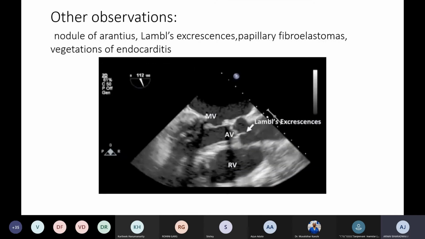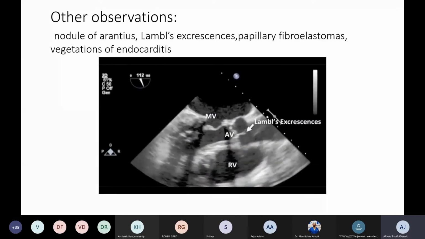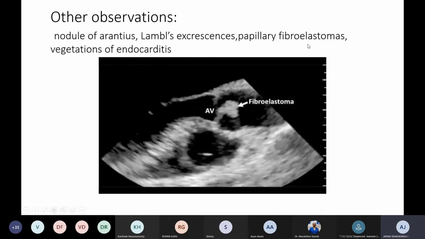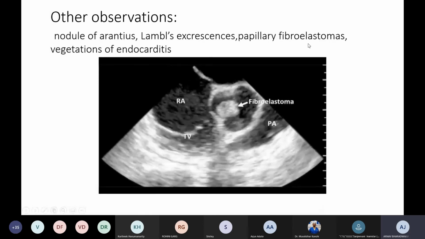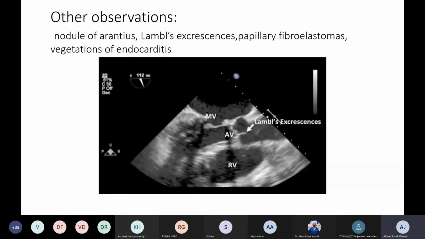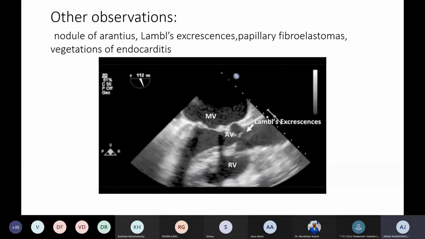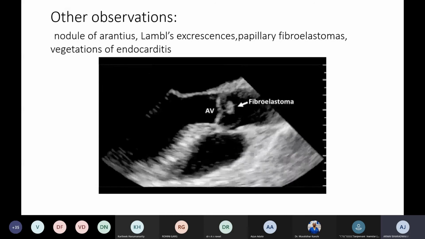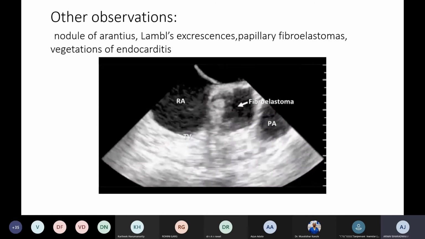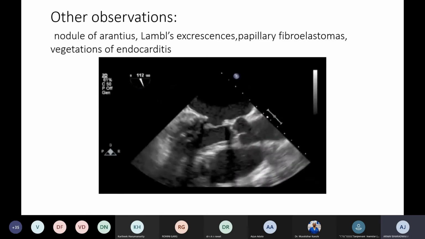Usually they are innocuous and will not cause any systemic embolizations. And few like papillary fibroelastomas, these are primary cardiac tumors arising from the cardiac valves. They are attached to the ventricular surface of the aortic valve and also the atrial surface of the mitral valve. They result in platelet aggregation as well as cause systemic embolization.